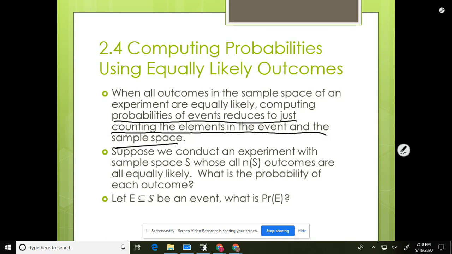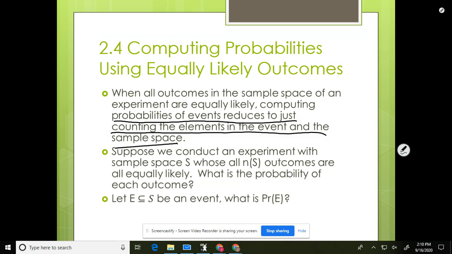If it's equally likely outcomes and I want to figure out the probability, all it is is I count the elements in my specific event, and then I count the elements in the sample space, and I divide them. That's it. Sometimes it's hard to do that, but if you always keep that in mind, it's going to help you.